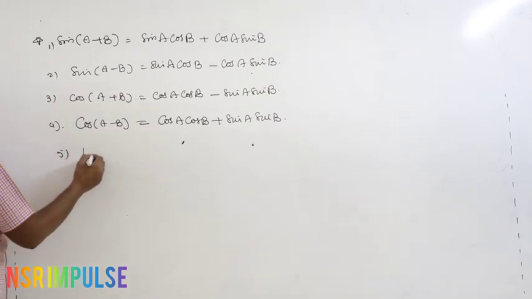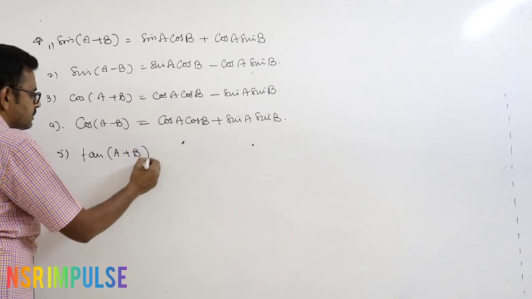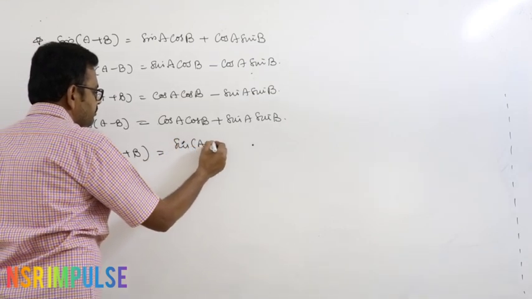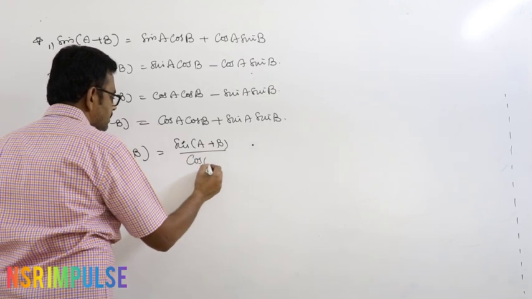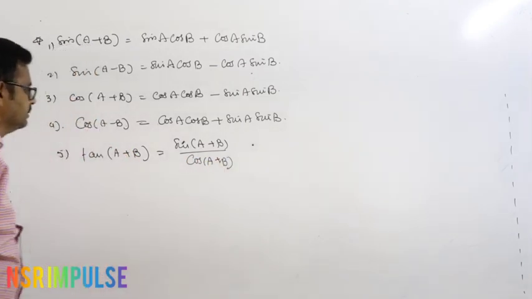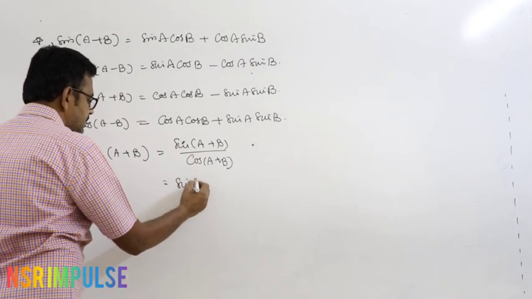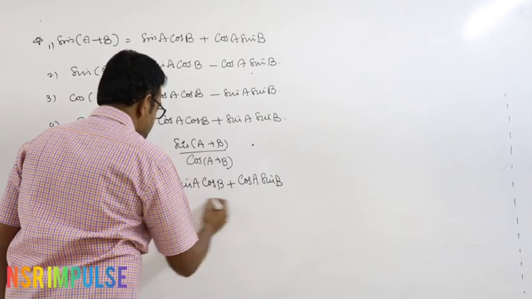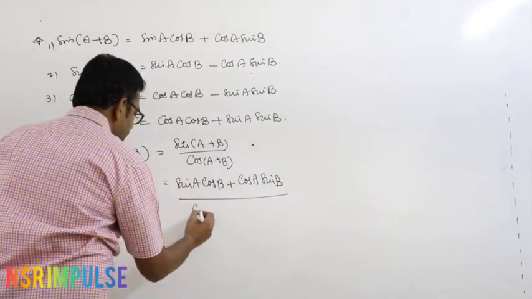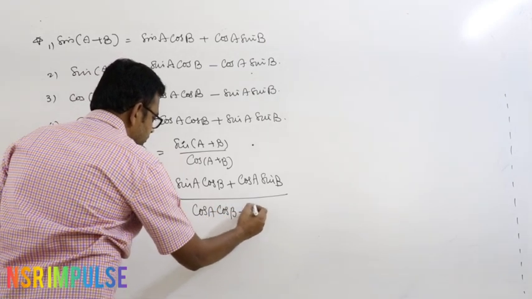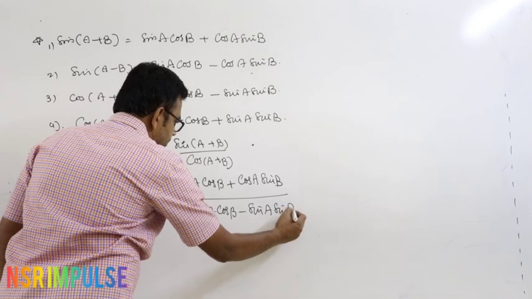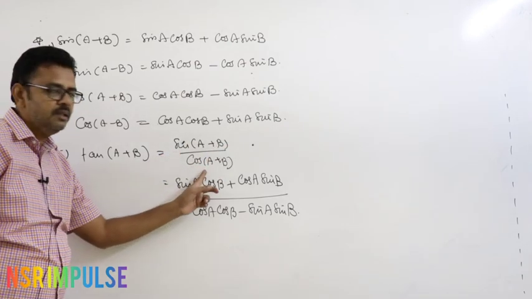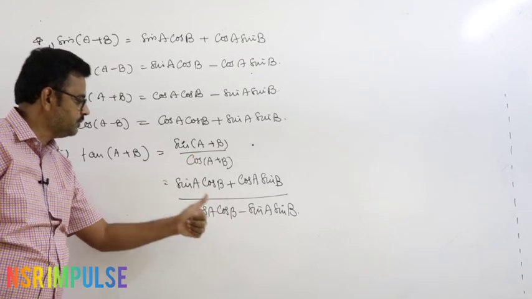Now we are having tan of A plus B is equal to, this can be written as sin of A plus B by cos of A plus B. Now sin of A plus B is sin A cos B plus cos A sin B by cos A cos B minus sin A sin B. So this is sin of A plus B formula by cos of A plus B formula.